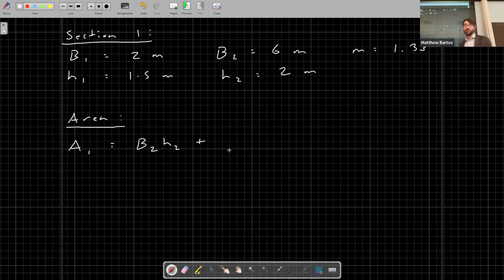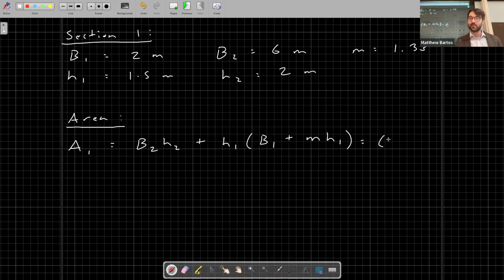From our table of hydraulic geometries, the formula for the area of a trapezoid is H1 times the quantity B1 plus side slope M times H1. So this is our total area for this section here.